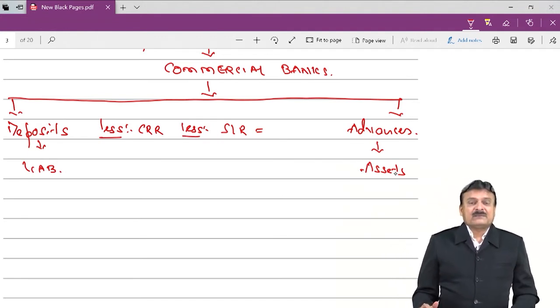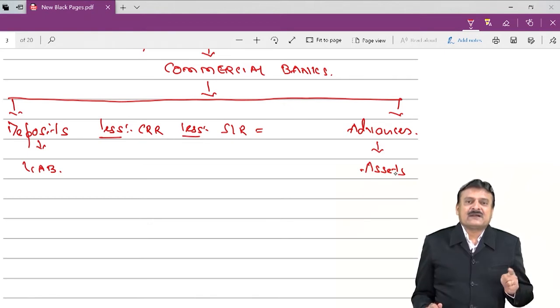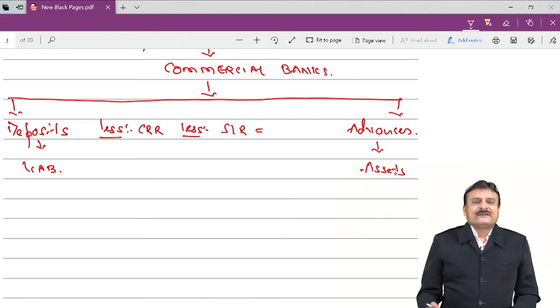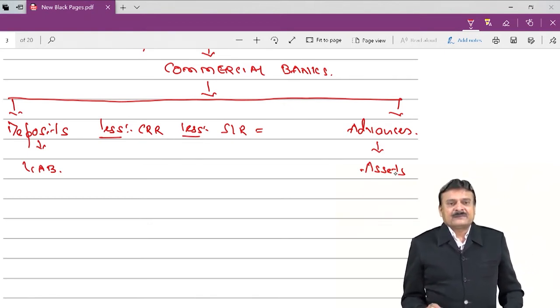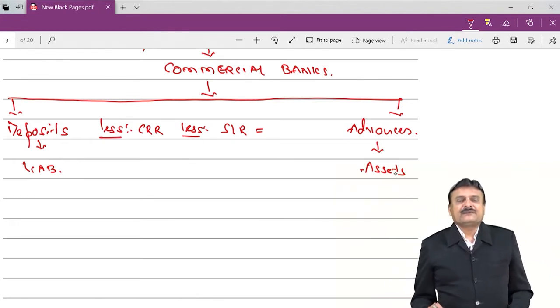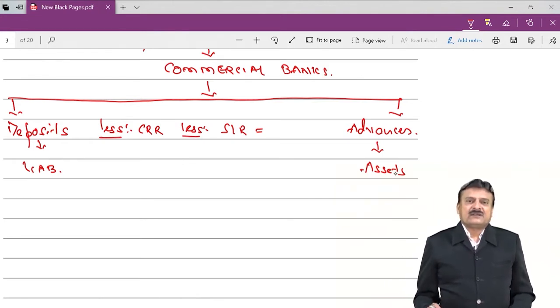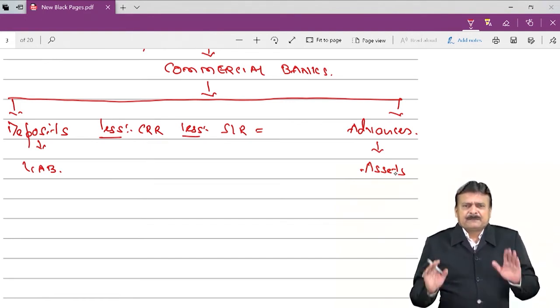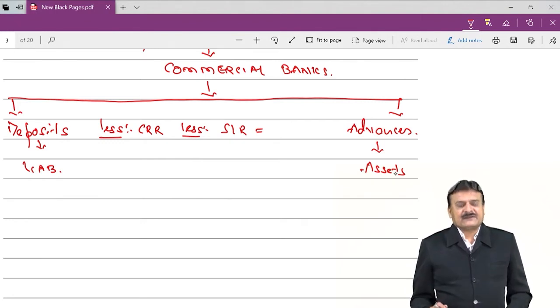Throughout the topic many times, the question will use the word assets instead of advances. So, when they use the word assets, keep in mind that they are your advances. So, accepting deposits, keeping aside CRR and SLR out of that money, and then giving advances back to the public is a primary function of a commercial bank.